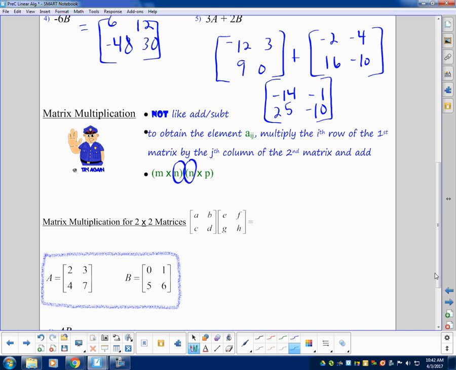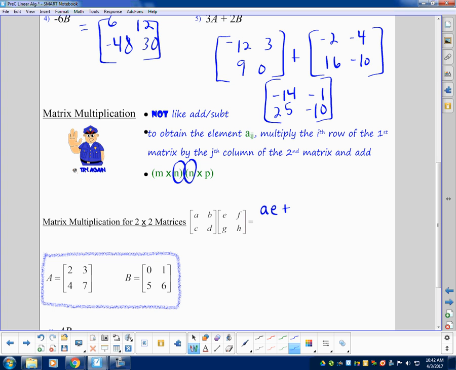All right, so here's what I mean by taking the first row of the first matrix times the first column of the second matrix to get our product. The element in the first row of the first matrix is A, right? We're going to multiply that element by the first element of the first column of the second matrix, so it goes like this: AE.